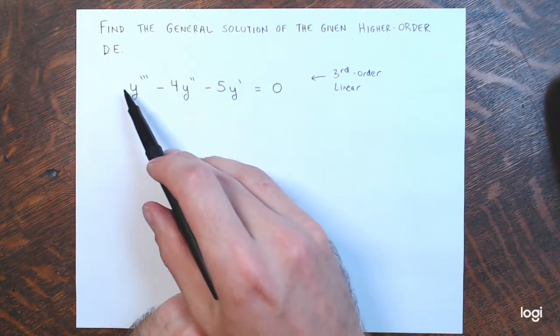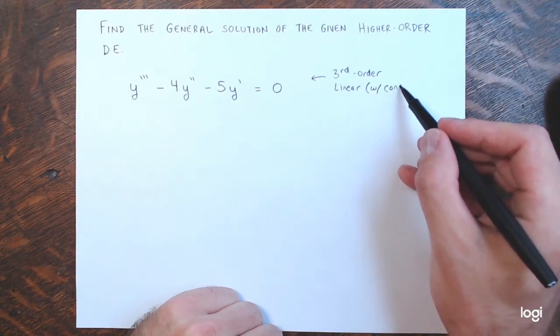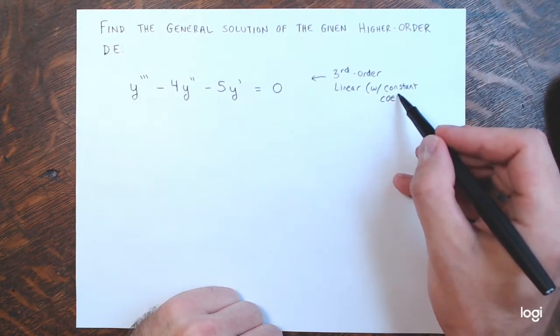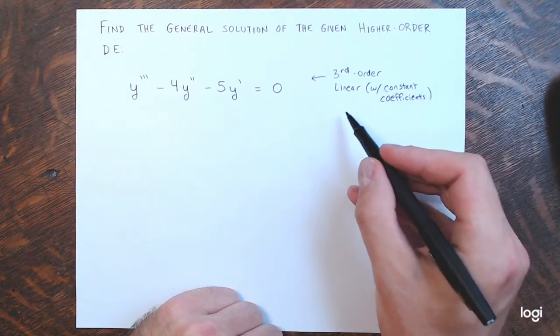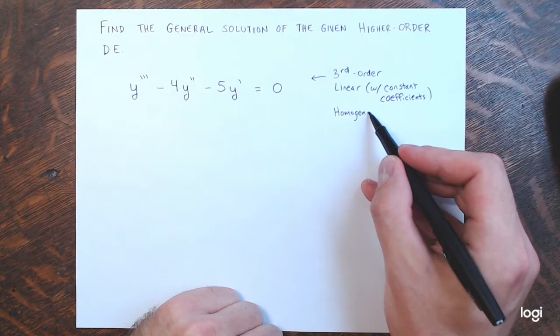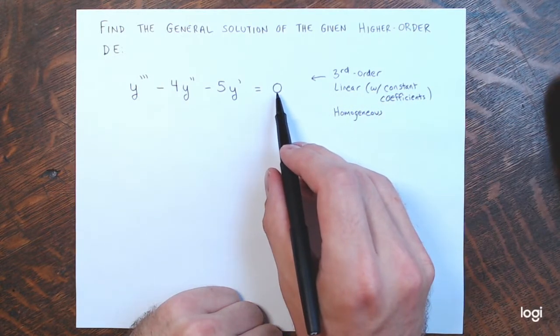They're all constant coefficients, right? Linear with constant coefficients, as was in the title of the video. And it's homogeneous, because of the term on the other side here being 0.